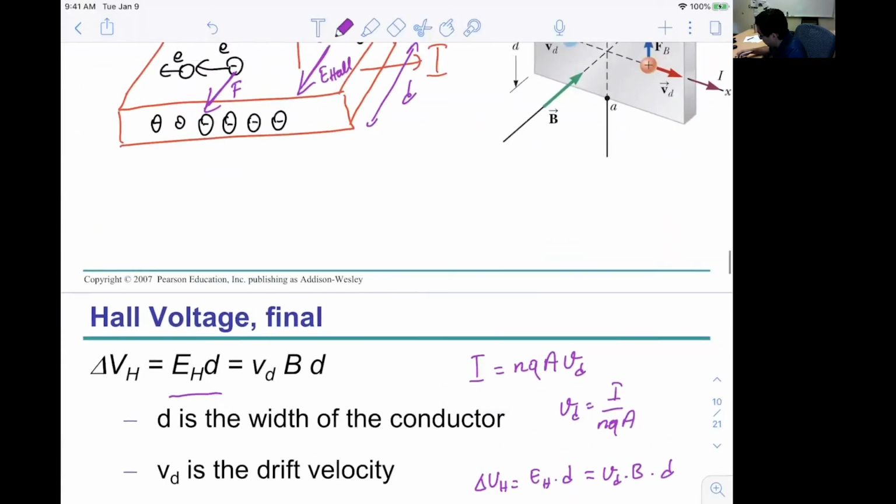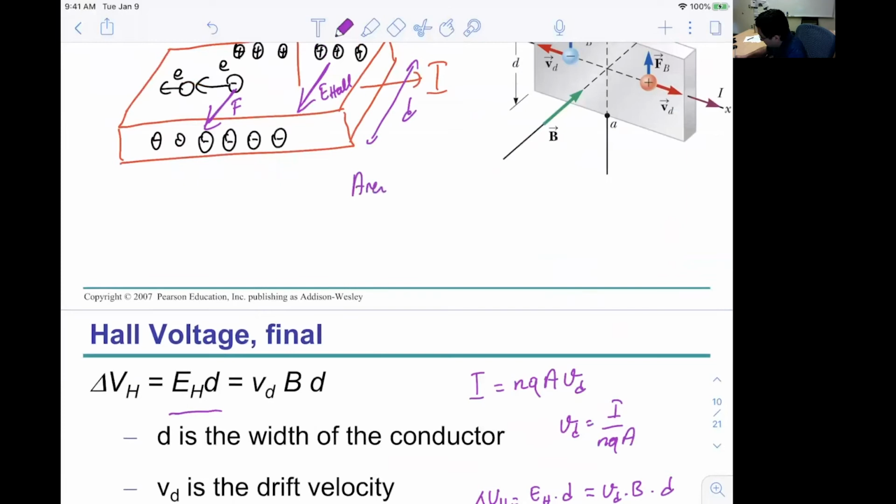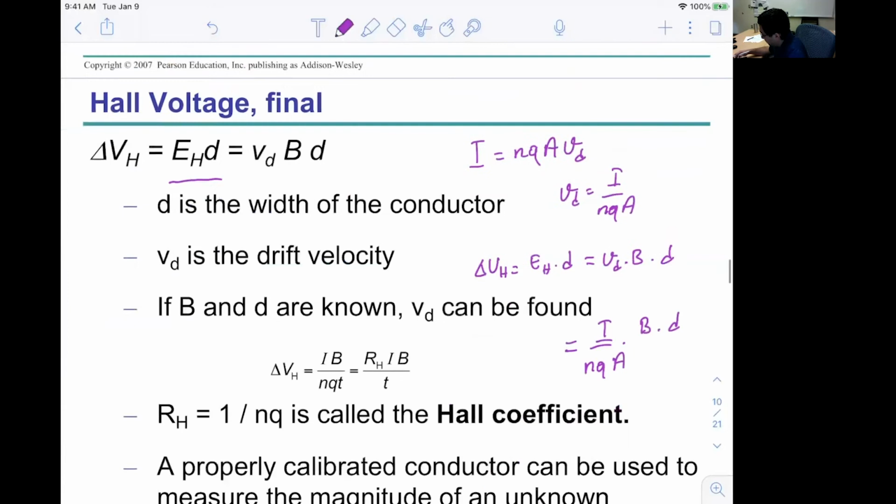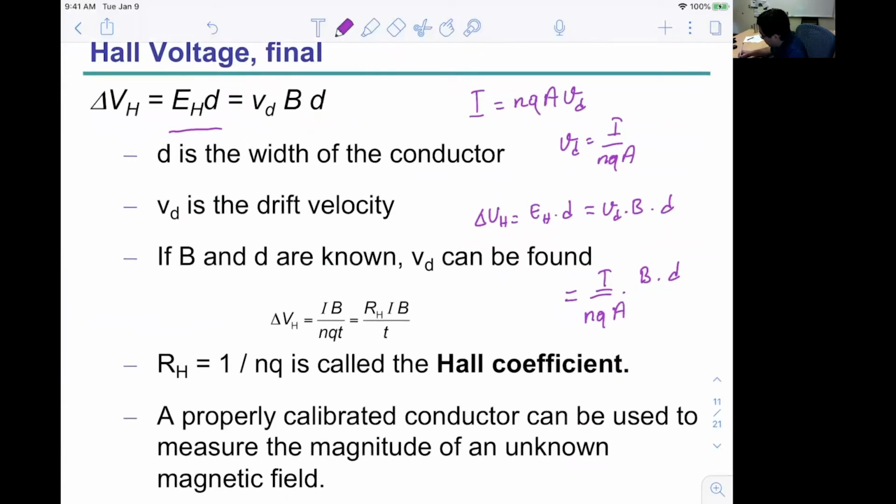And if you look at the area, call this T the thickness, the area is T times D, right?